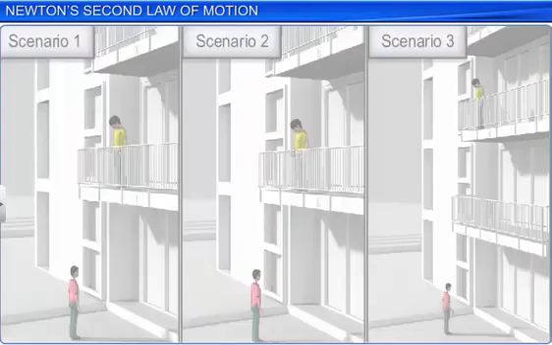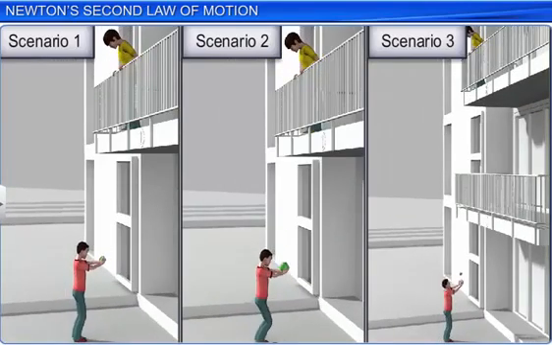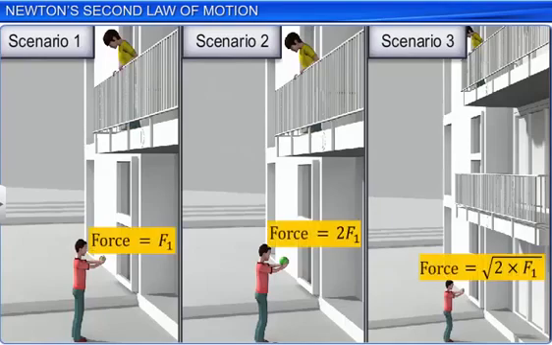In all these three scenarios, the ball has some momentum when it touches the hands of the boy catching it. However, the momentum becomes zero as the ball comes to rest due to the force applied by the hands for some time. The force required to stop the ball and the length of time the force is applied are related to each other.